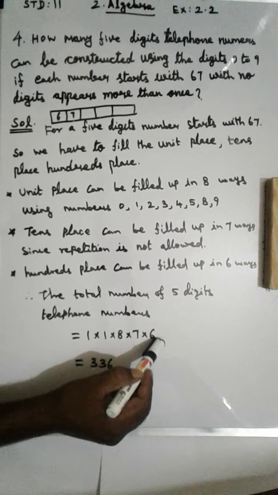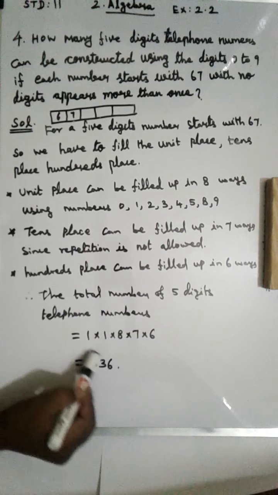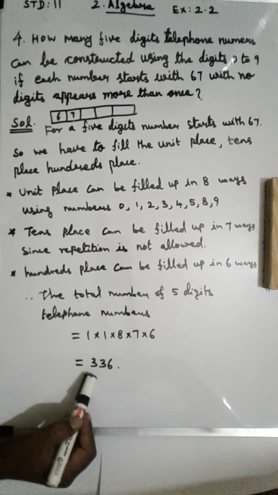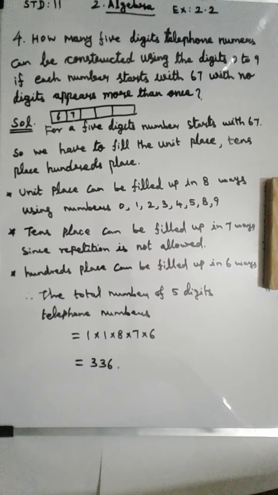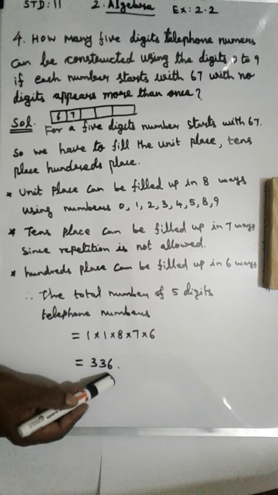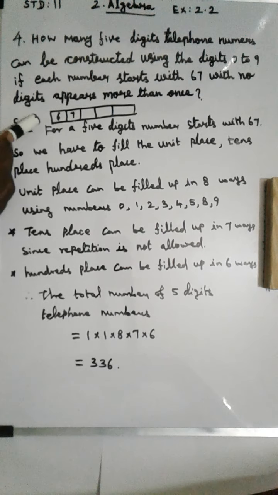We multiply 8 into 7 into 6, then we get 336. So the total number of 5-digit telephone numbers we can form is 336. That's all.